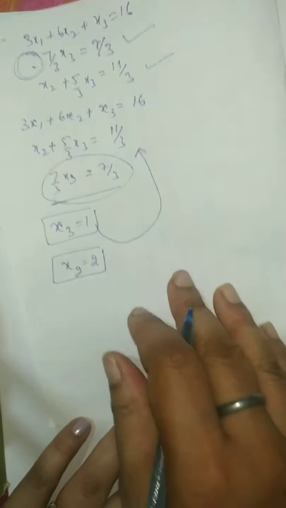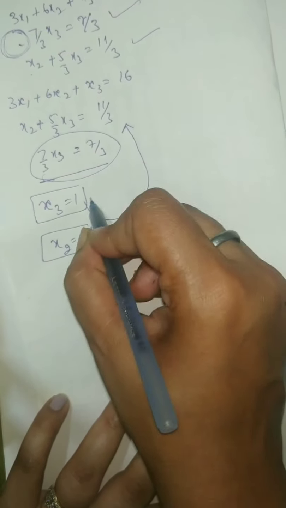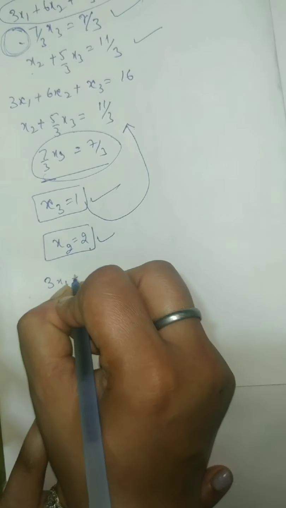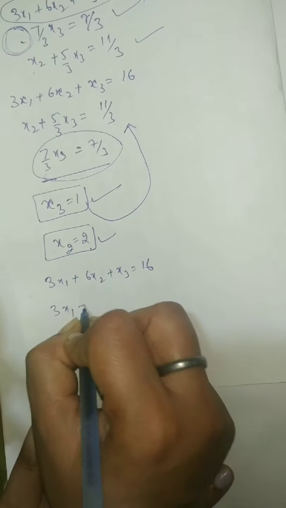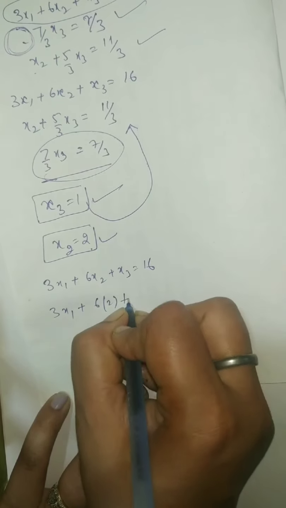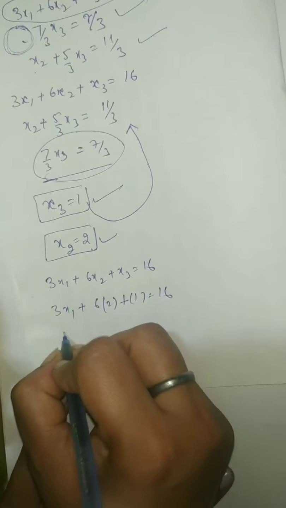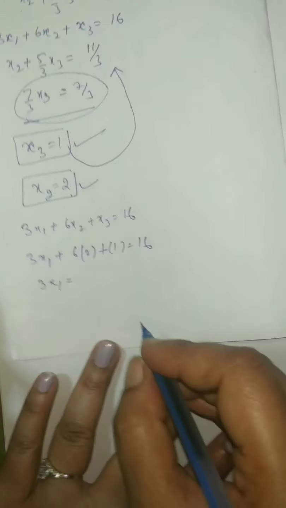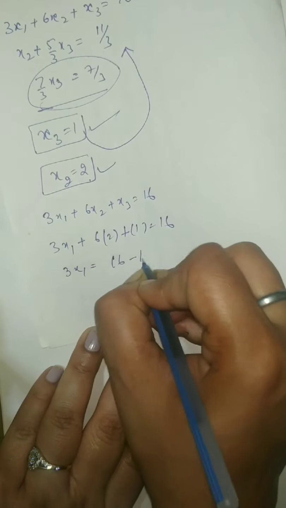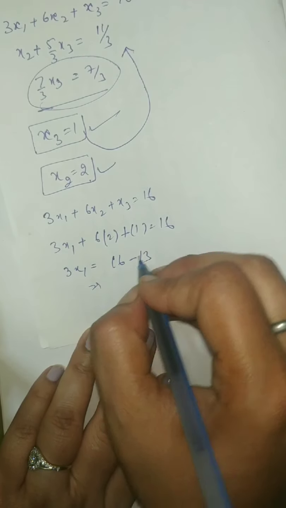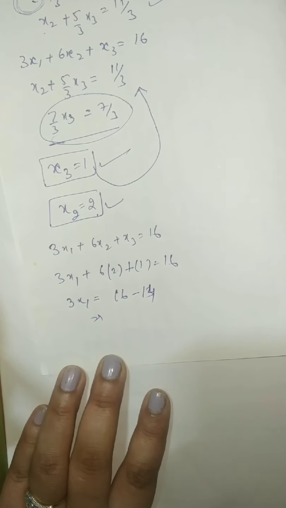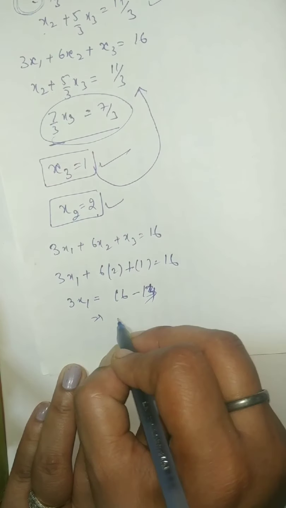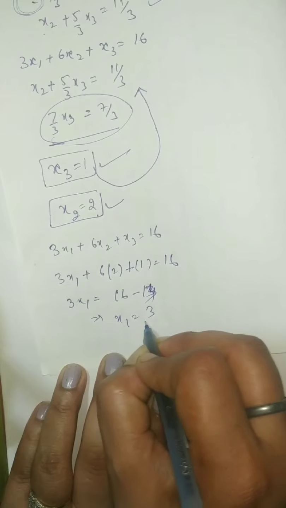After that, using x3 and x2 in equation number 1, that is 3x1 plus 6x2 plus x3 is equals to 16, we get 3x1 plus 12 plus 1 is equals to 16. This gives 16 minus 13, which is equals to 3, so we get x1 is equals to 3 by 3, which is 1.